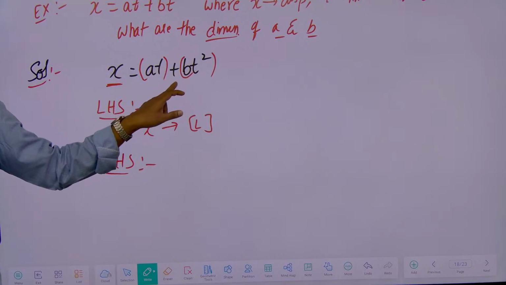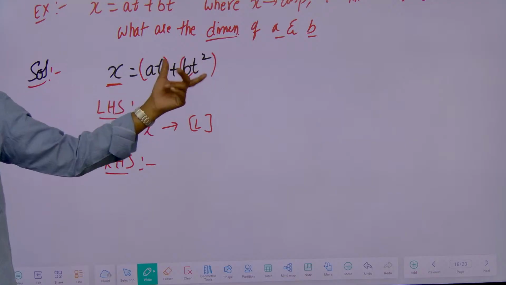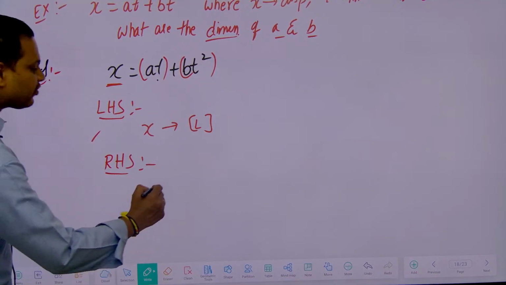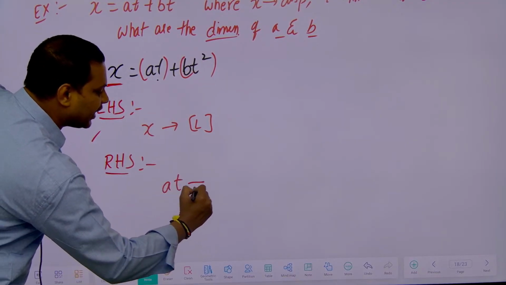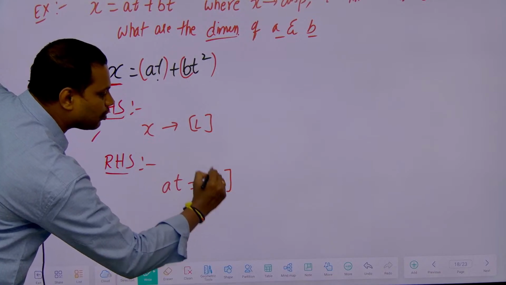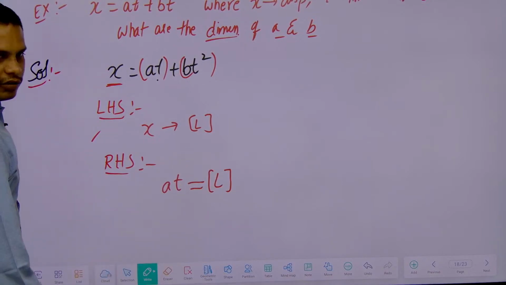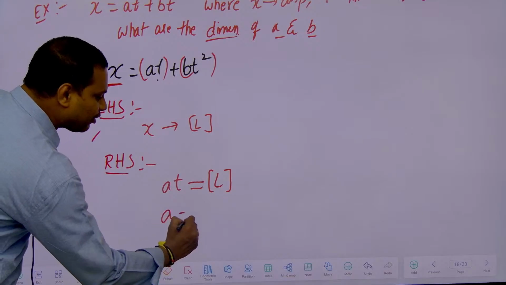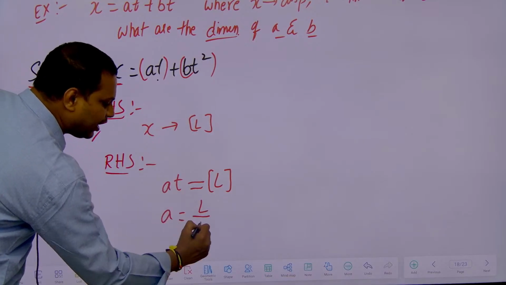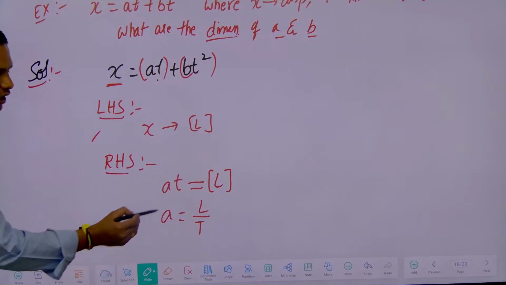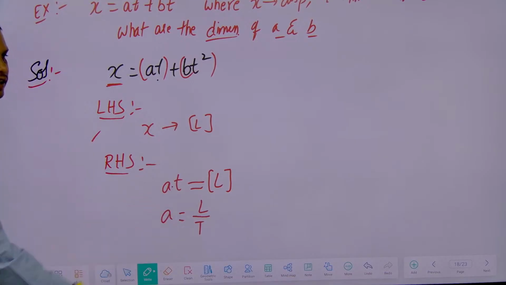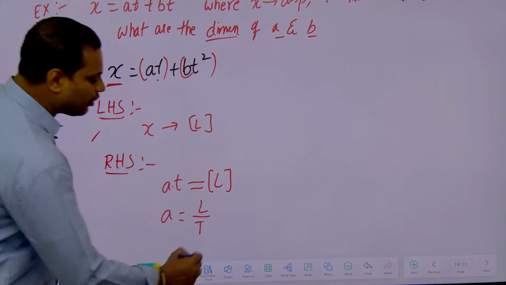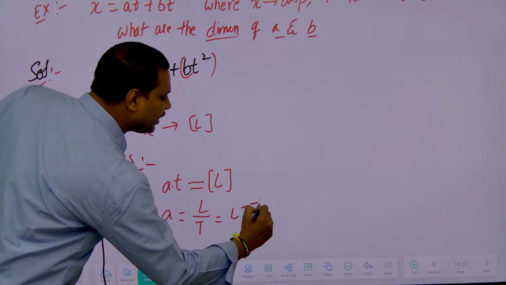This is one separate term, this is another separate term, two separate terms. Now the first term is AT. That AT dimensional formula must be equal to L. Are you clear? Then A is equal to L by time, the dimensional formula of time is T. Because here it is multiplied, when it goes to the right side it becomes division. So what should be this value? LT power of -1.